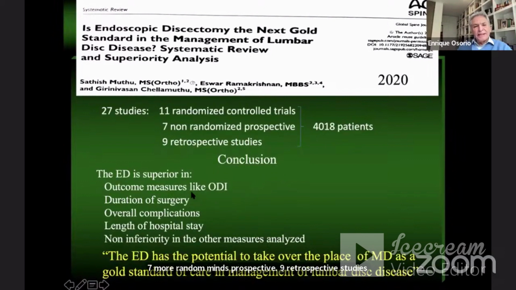The conclusion was the endoscopic discectomy is superior in outcome measures like the Oswestry scale, duration of the surgery, overall complications, length of hospital stay, and not inferior in the other measures analyzed. And the conclusion is the endoscopic discectomy has the potential to take over the place of microdiscectomy as a gold standard of care in the management of lumbar disc disease.